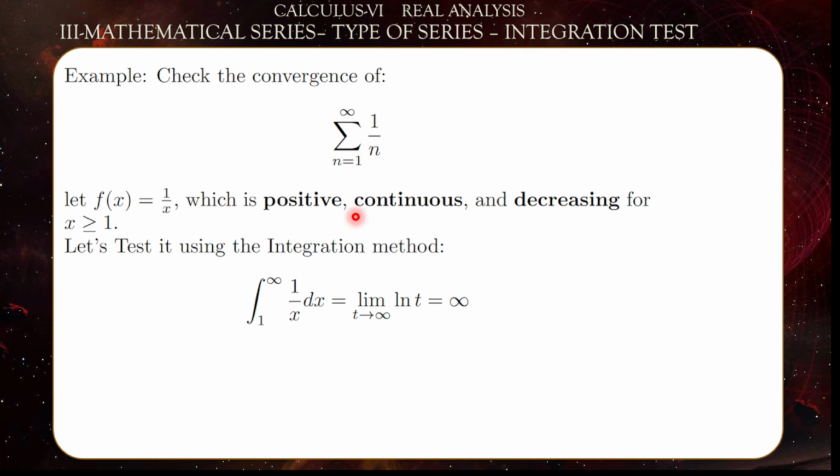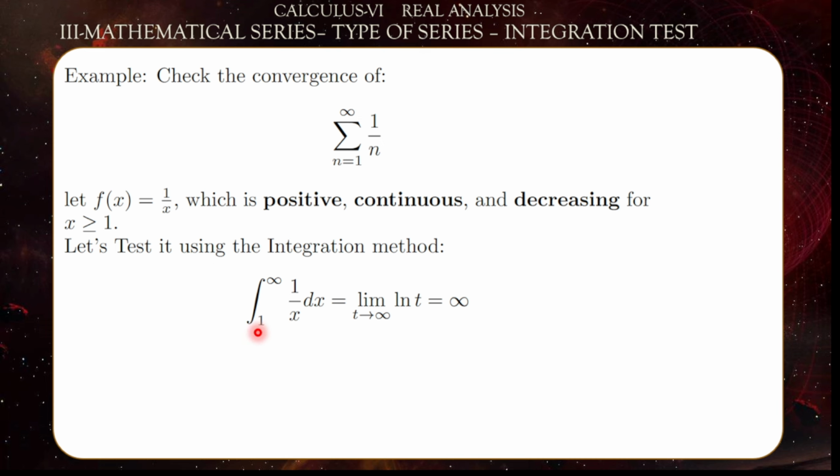It is continuous throughout R, except for x equals 0, and here x is greater than or equal to 1. Instead of n, we simply placed x. And it is decreasing because the limit of 1 over x as x approaches infinity is equal to 0, just the same as saying the limit of 1 over n as n approaches infinity is equal to 0. So let's test it using the integral method.